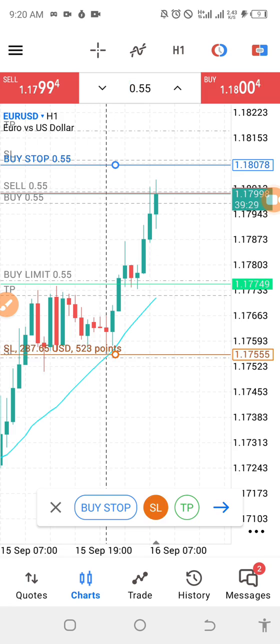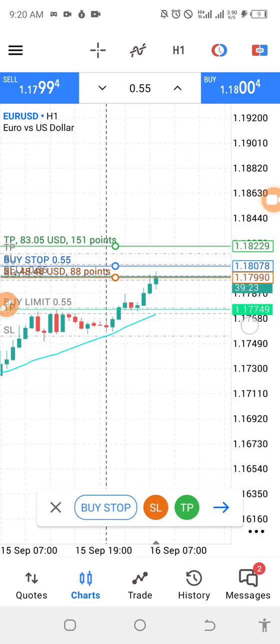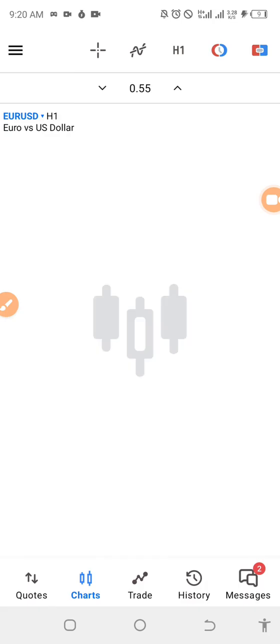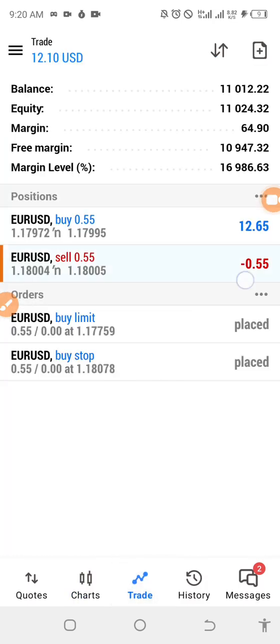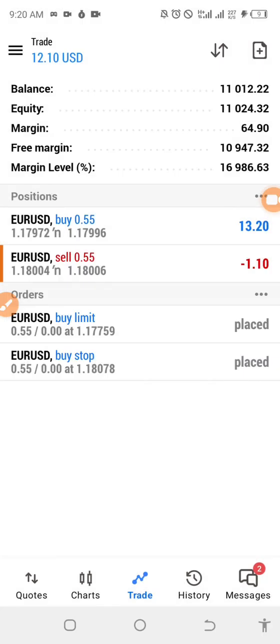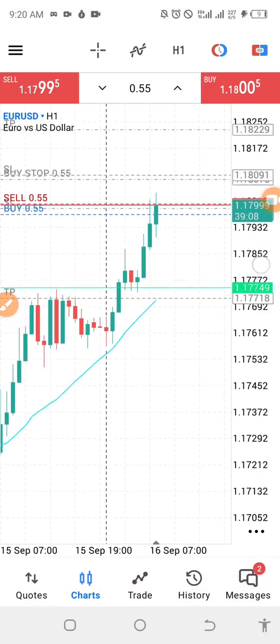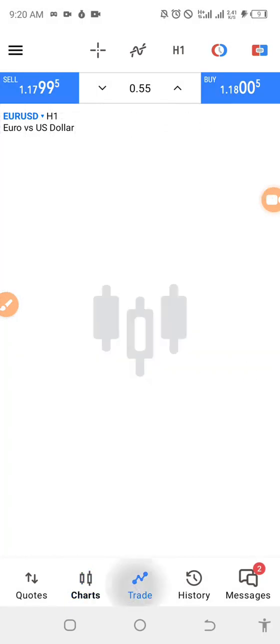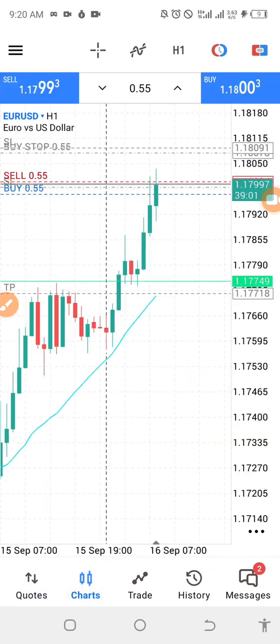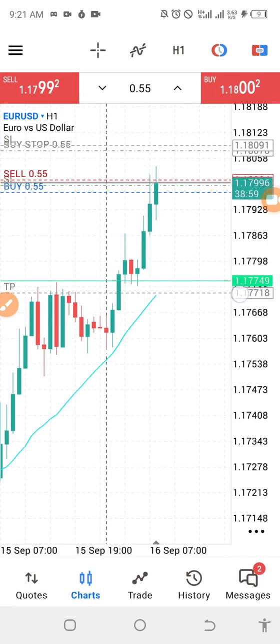Since I'm buying, it has to be below, and the TP has to be above. So then I will click on it. Bam, it's activated. Let me move to pending orders. These are pending orders because price will have to get to them for them to be activated.